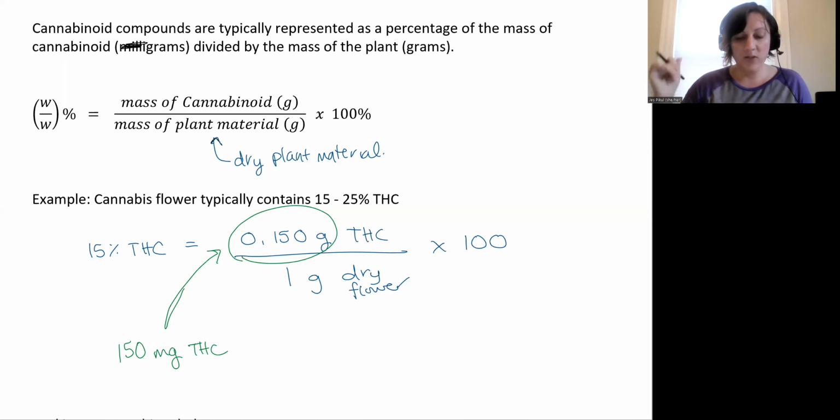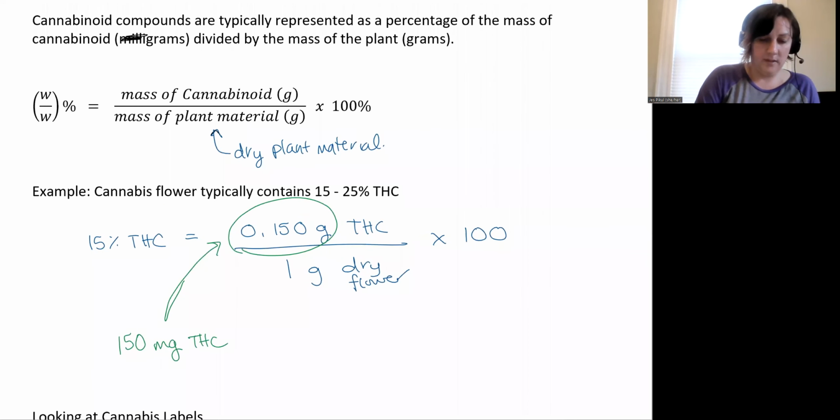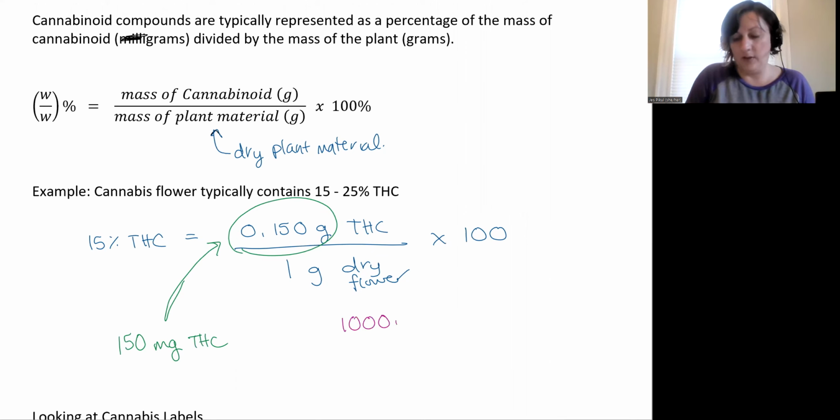The 0.15 grams is really coming from a conversion from milligrams to grams. And so 1,000 milligrams equals 1 gram. So I can convert back and forth between the two using dimensional analysis. If I know the number of milligrams, I would say something like 150 milligrams times 1 gram divided by 1,000 milligrams would help me convert.